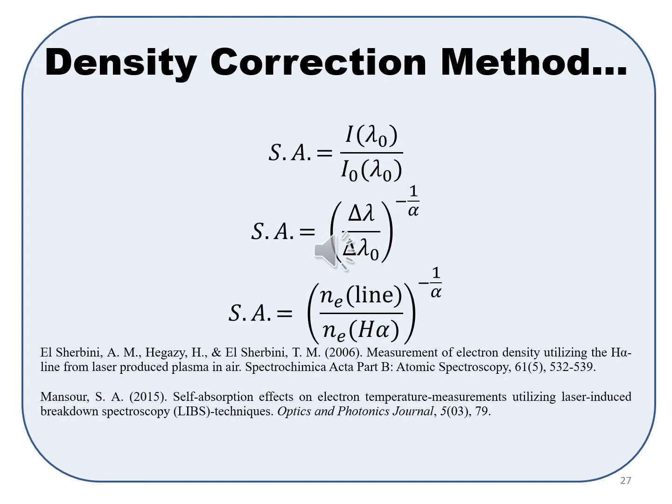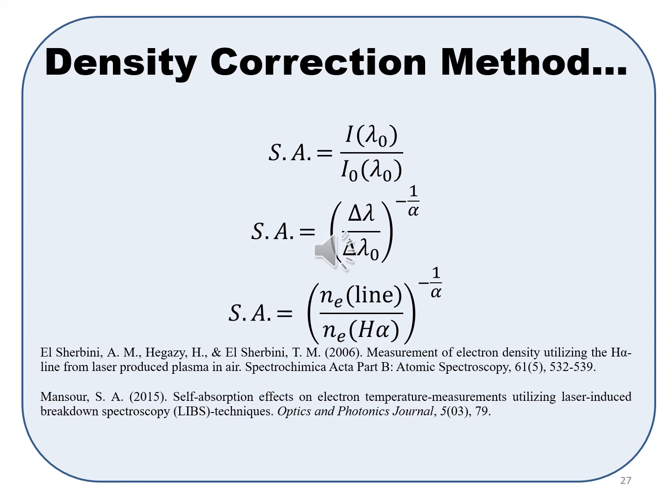The self-absorption coefficient is actually the ratio of two measurements of the same line: one which is totally unaffected by self-absorption, the actual intensity, and one which is affected by it.